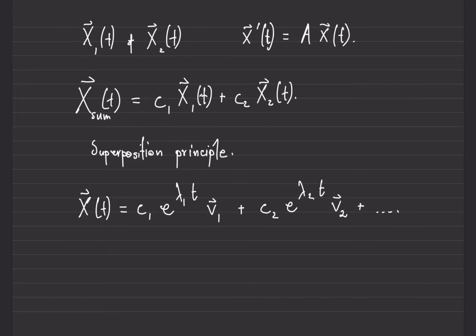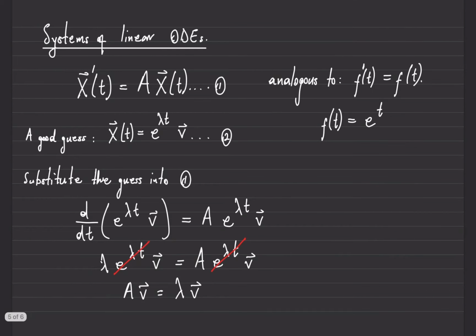So this is the reason why we search for eigenvalues and vectors. It's because this kind of solution will solve this equation if and only if this equation is satisfied.